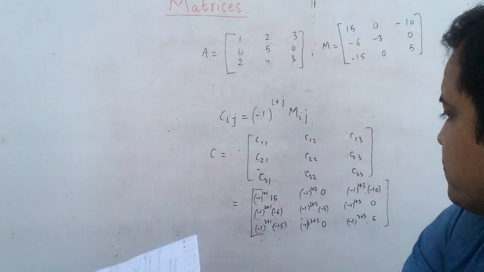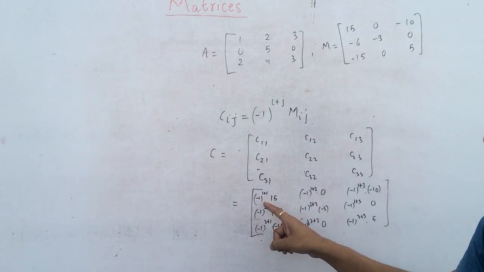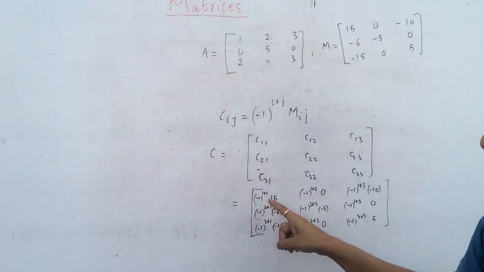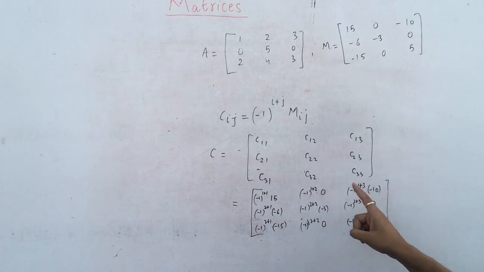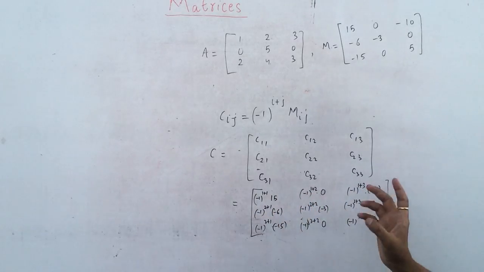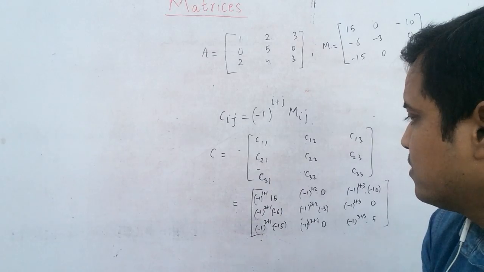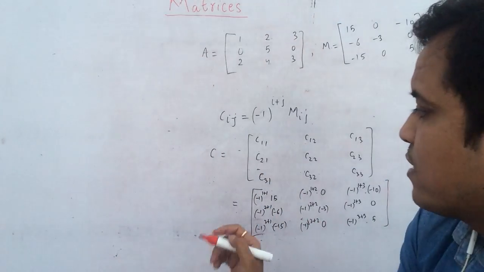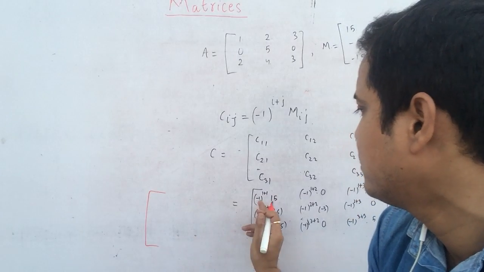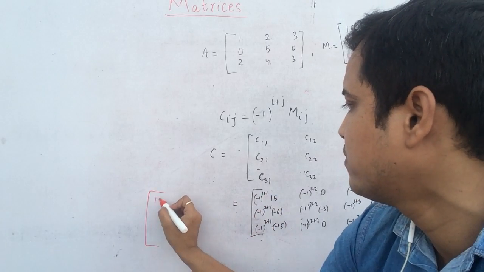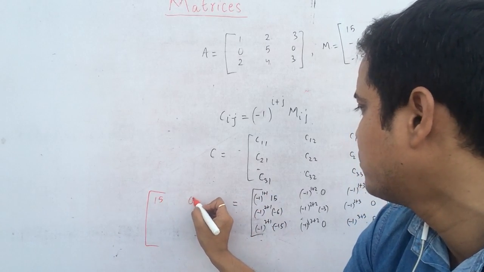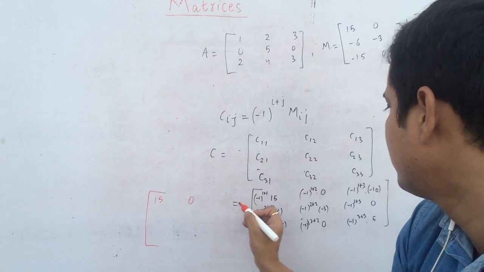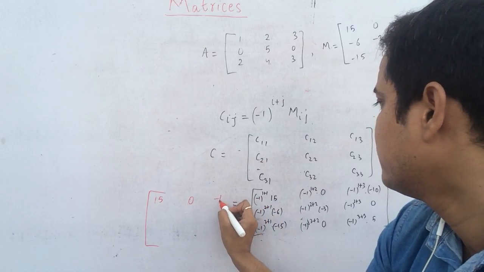You see that even power of minus 1, odd power of minus 1, even power, odd power, means you are getting minus, plus, minus, plus, minus, plus. In this way you can write this is positive 15, this is 0, negative 0, so this would be positive, the same answer would be.